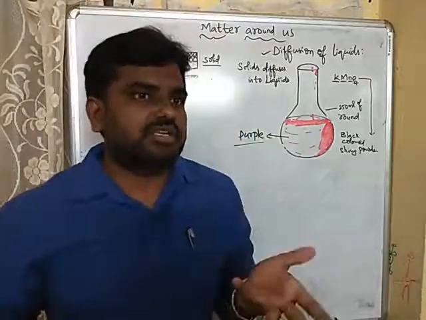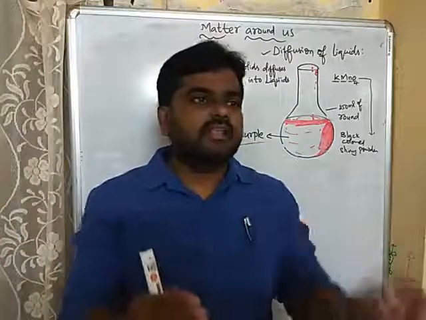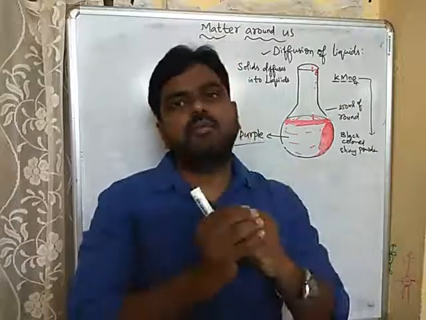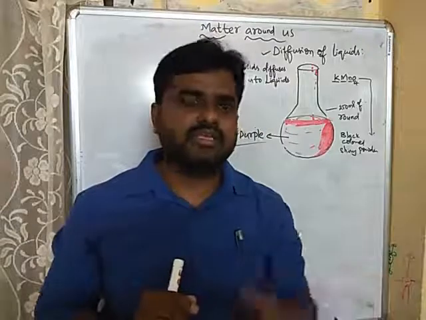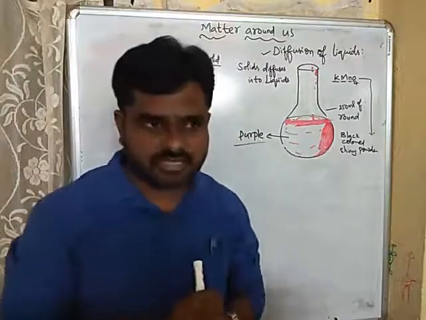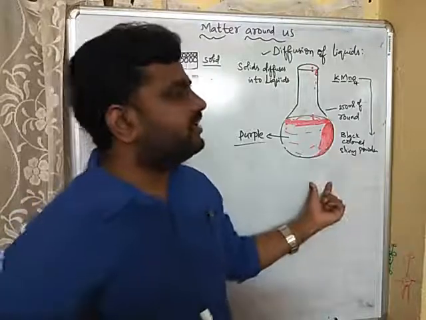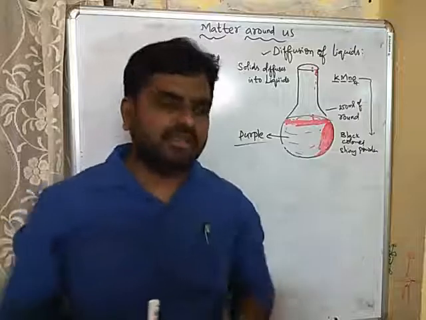The liquid molecules are moving and interacting with the potassium permanganate crystals or powder, and immediately the color changes. There develops a chemical reaction, you remember. So from this activity, the conclusion is that solids diffuse into liquids.